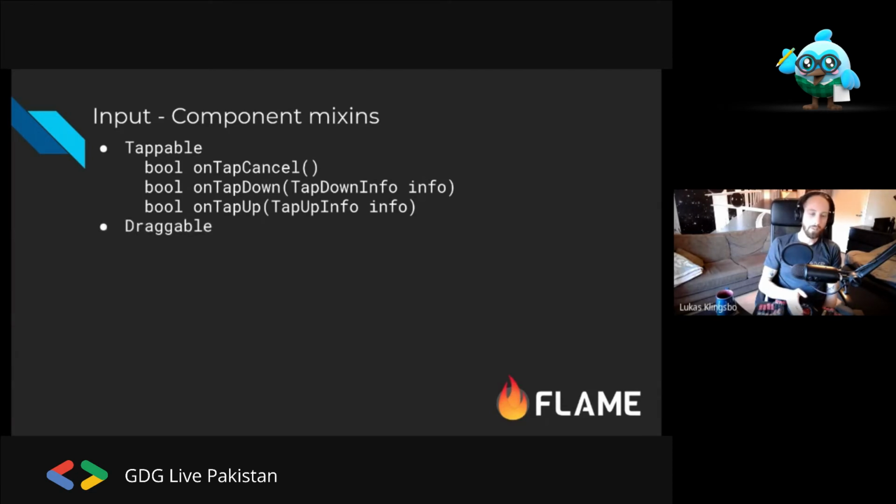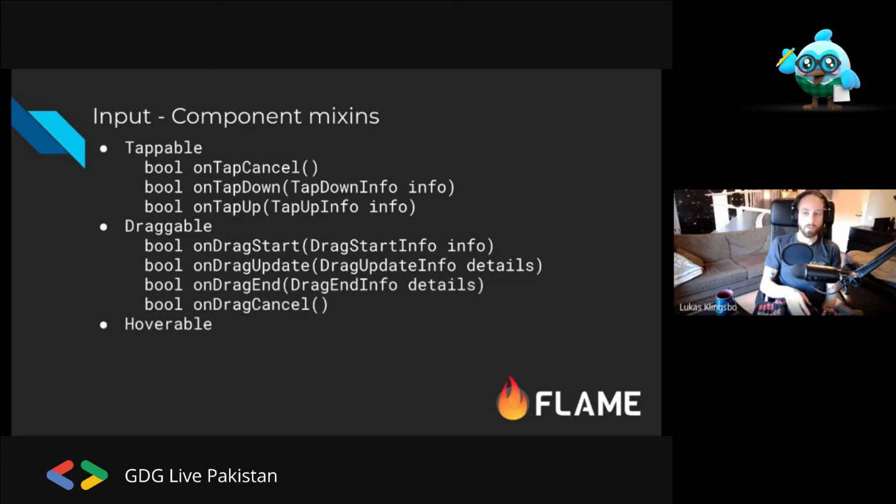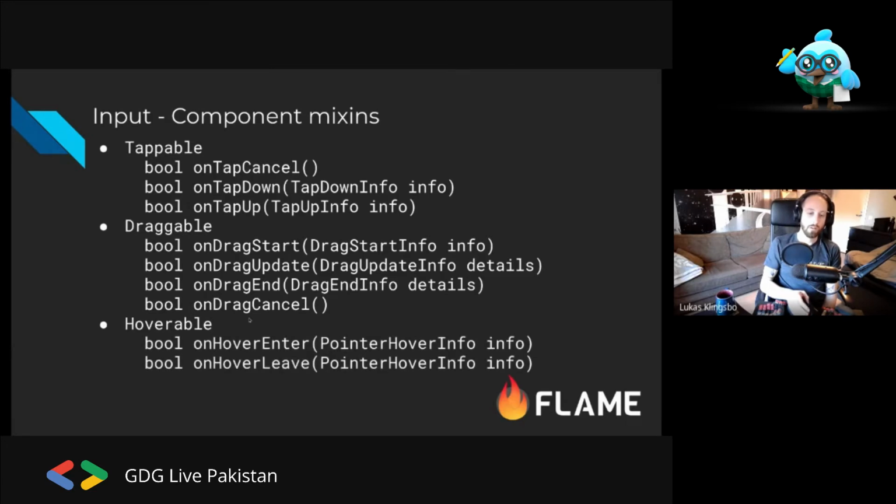And same with draggable, then it reacts to drags on top of your component. So you can drag it around, for example, or I don't know, like fling it away if it's some game like that. And hoverable if you're doing a web or a desktop version, then it's useful to react to hovers.